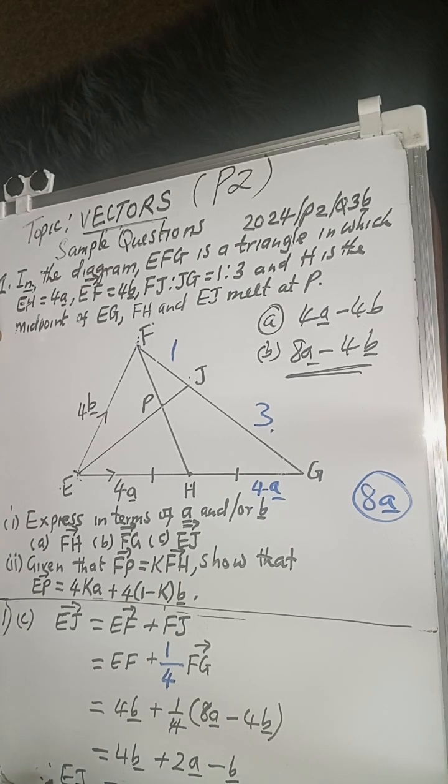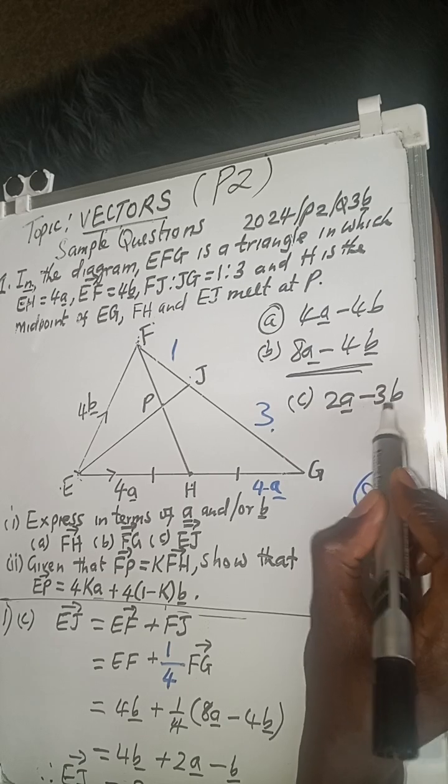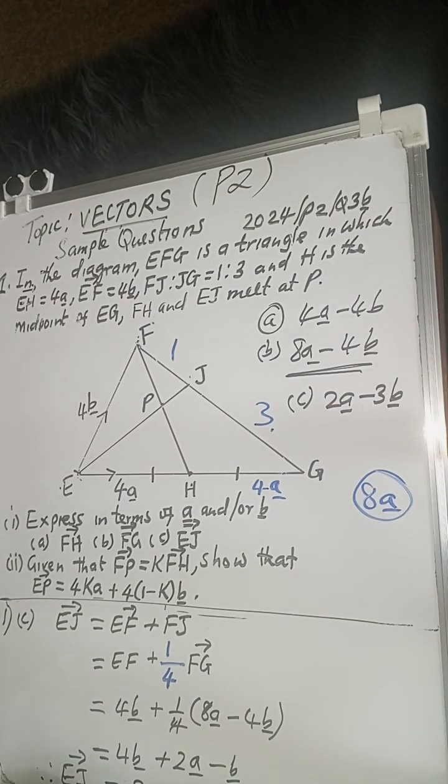So EJ, I can start with that 2 vector A. 4B minus B will give me minus 3 vector B. So that's the answer to EJ. So our C part there is 2 vector A minus 3 vector B. Take note of that. That's EJ that we have calculated there.